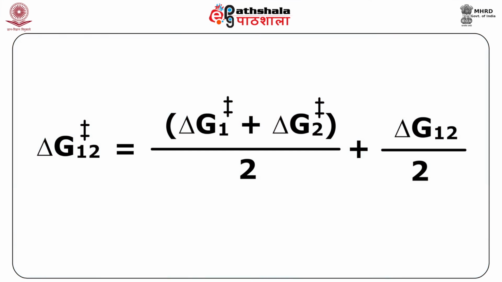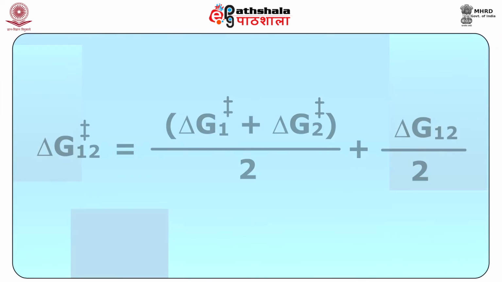The equation that represents the activation free energy for electron transfer is delta G12 equal to delta G1 dash by 2 plus delta G2 dash by 2 plus delta G12 zero by 2. So that is the intrinsic and thermodynamic contribution.